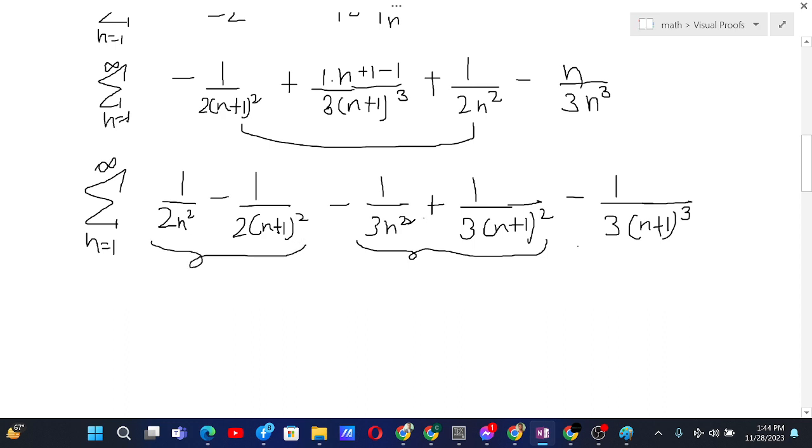Now these two also involve a telescoping sum. Basically, except for the first term, all of those terms are going to cancel. You can see that. So the first term 1 by 2 will be there, and minus 1 by 3 will be there.